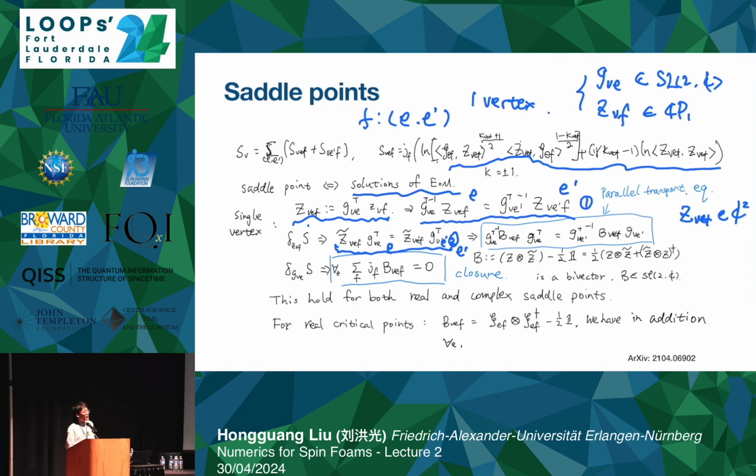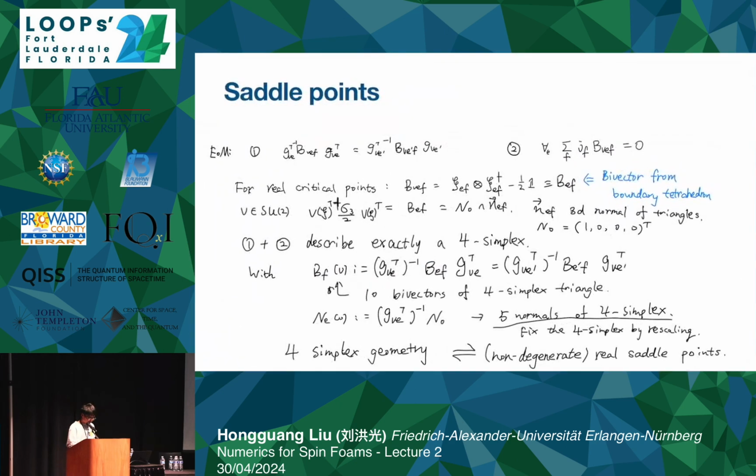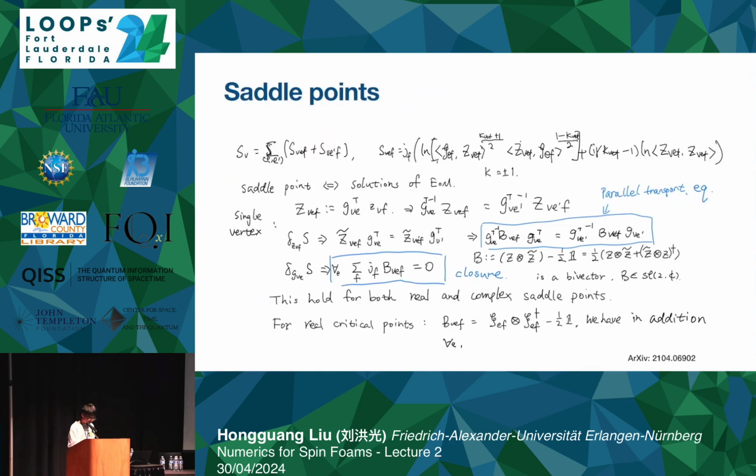And then we can combine the two equations. It becomes this. It's an SL2C group action on the bivectors, actually.